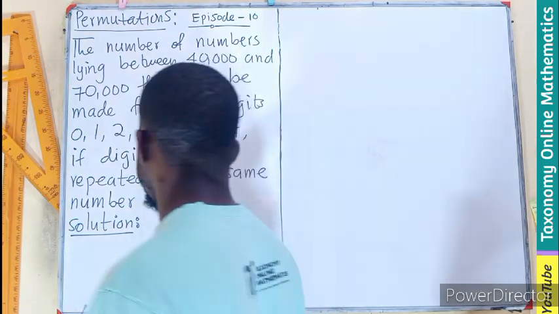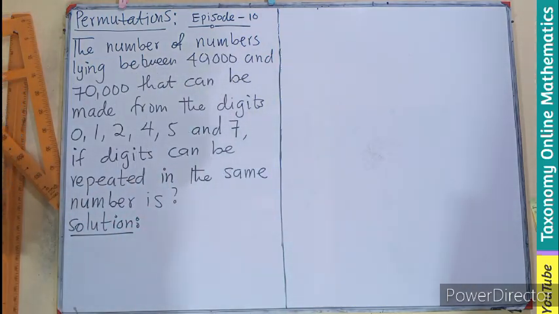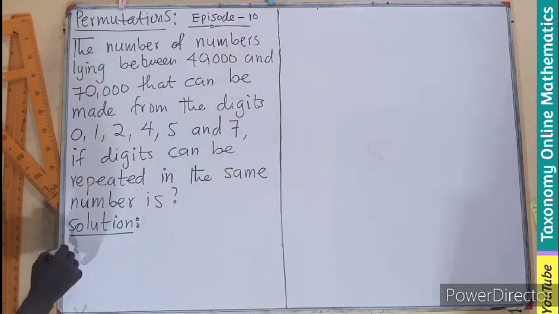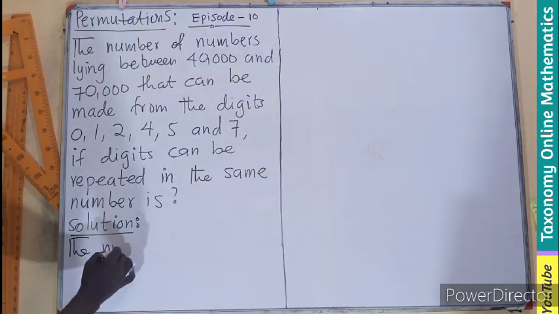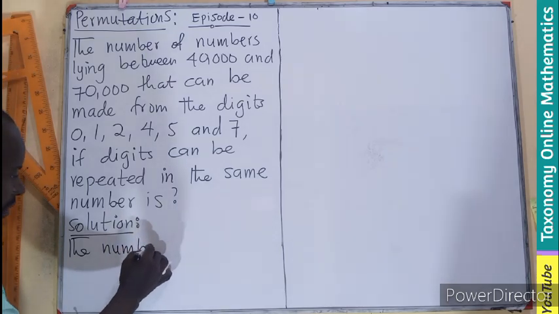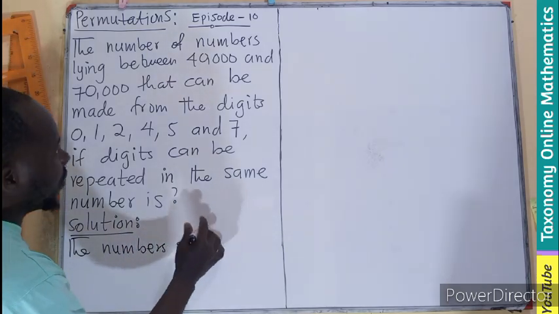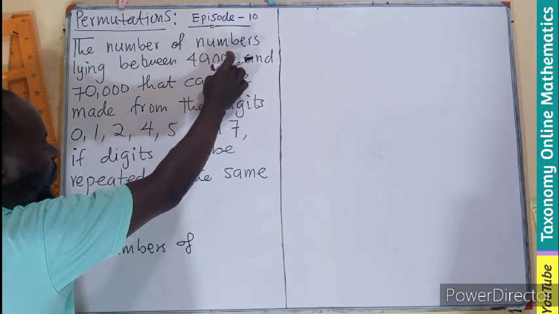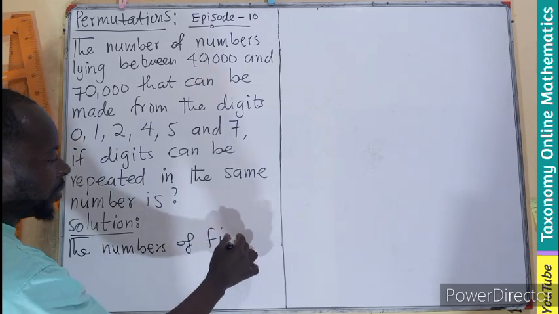First things first, let's find how many numbers we can form from this. How many digits do the numbers have? 1, 2, 3, 4, 5. There are 5 digits.